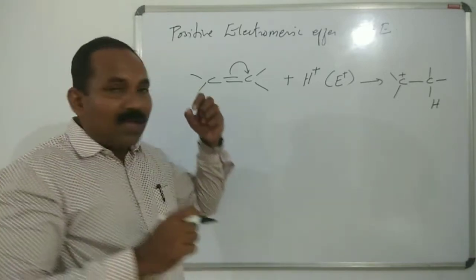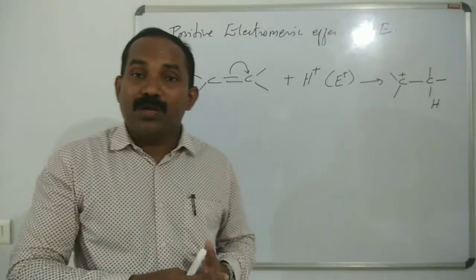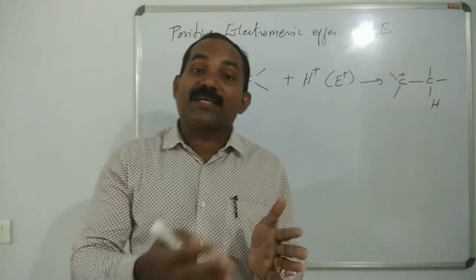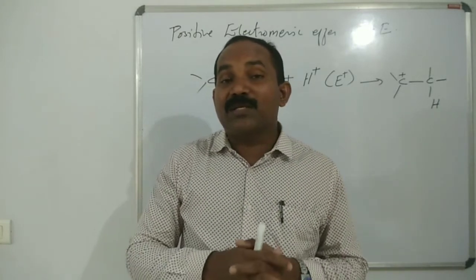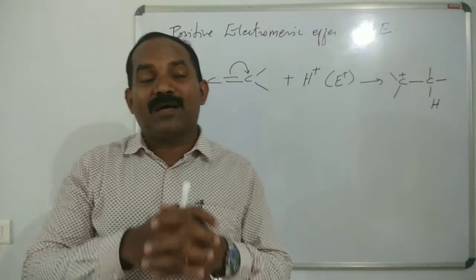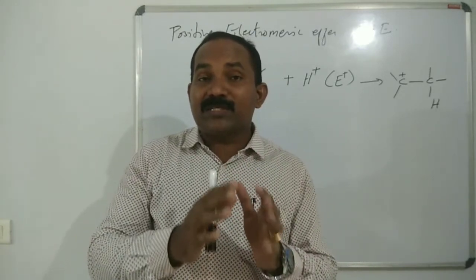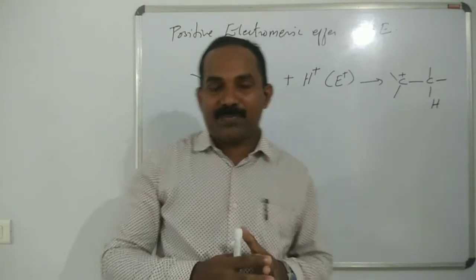Here, the electron pair is shifted to an atom, and to that the attacking reagent is attached. That's called positive electromeric effect. So, positive electromeric effect is explained.